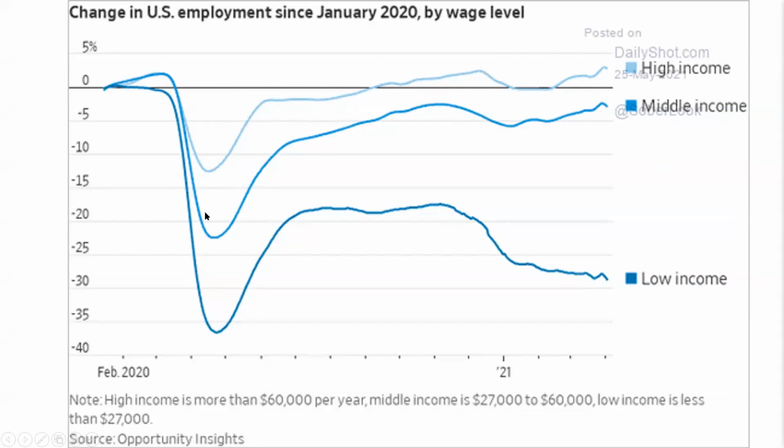Middle income was a little bit worse, but still not bad. Low income workers have not recovered. That has a lot to do with them being driven by leisure and hospitality, because it's in-person work, whereas high income and middle income tend to be more office-based, so it can be done remotely, whereas low income is not. So the reopening of the economy really needs to help low income workers, which is also why the fiscal policy targeted mostly low income earners, with the stimulus checks.